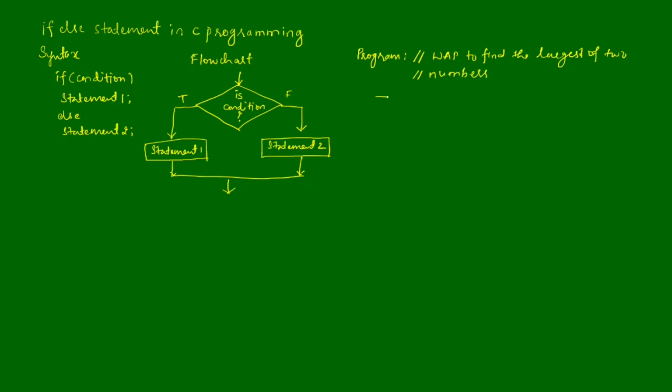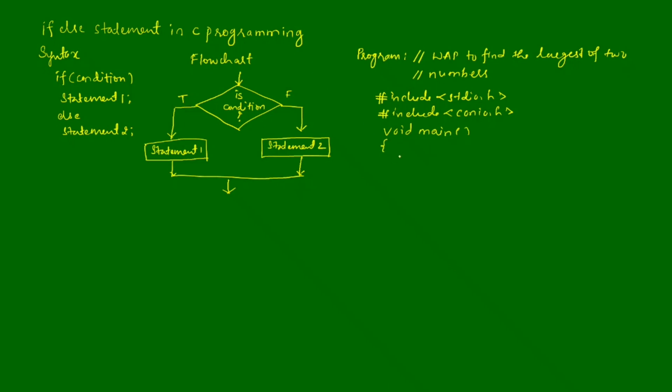Let us begin with the preprocessor directives. Hash include, in angular braces we will write stdio.h header file, hash include conio.h header file. Then we'll write the void main function.